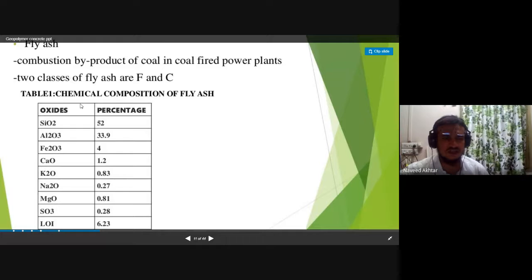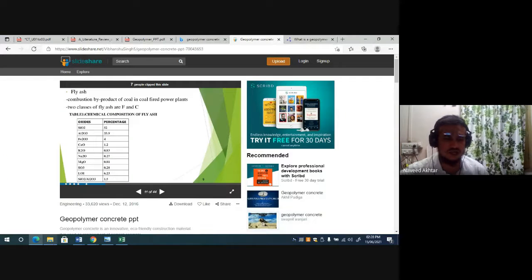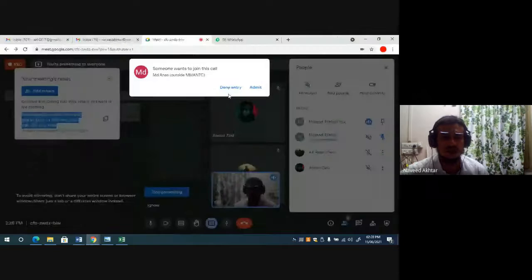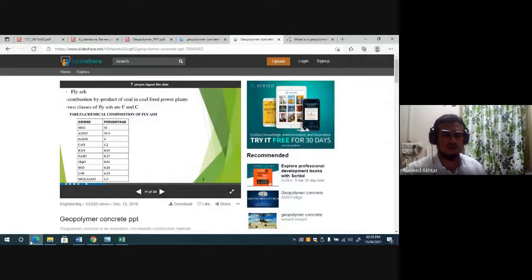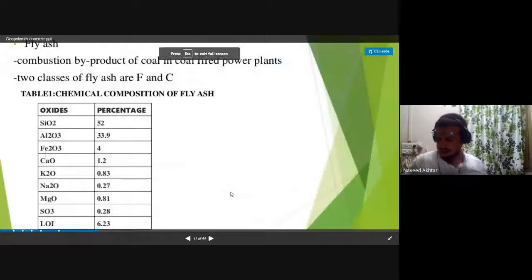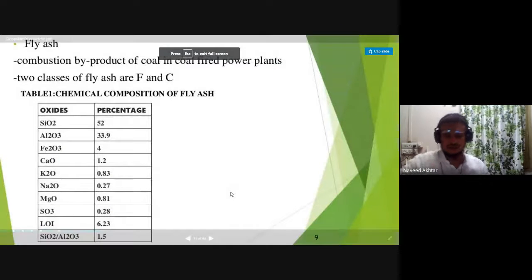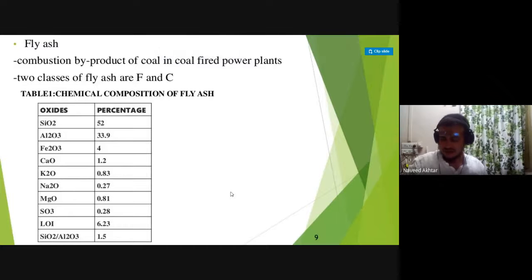Now we'll see the fly ash we are using for the geopolymer concrete and its properties, because a higher content of silica is there in your fly ash and ground granulated blast furnace slag.